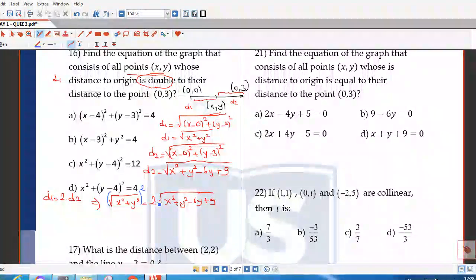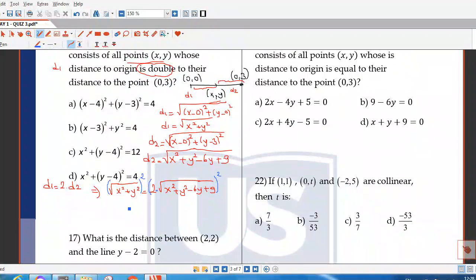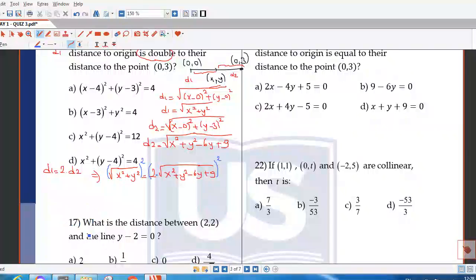But pay attention, you have 2 in front of your expression, so don't forget 2 inside of your parentheses. Square of square root will be x squared plus y squared here, but in the other part the square of 2 becomes 4 times the expression inside the root.